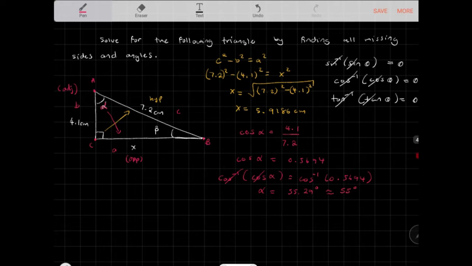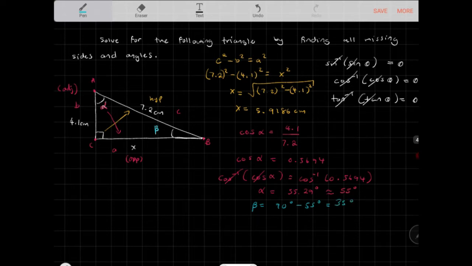So if alpha is 55 degrees, you can then solve for beta, because alpha and beta are complementary angles. In this case, beta should be equal to 90 degrees minus alpha, which is 90 minus 55, which is 35 degrees.